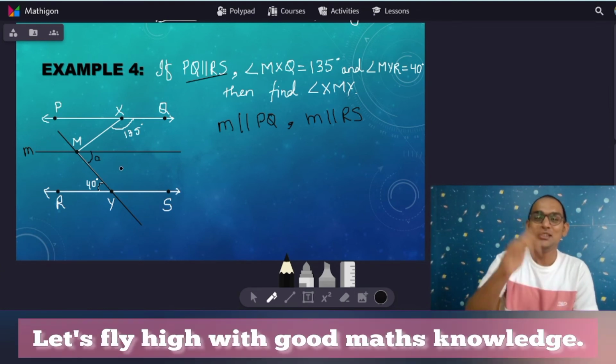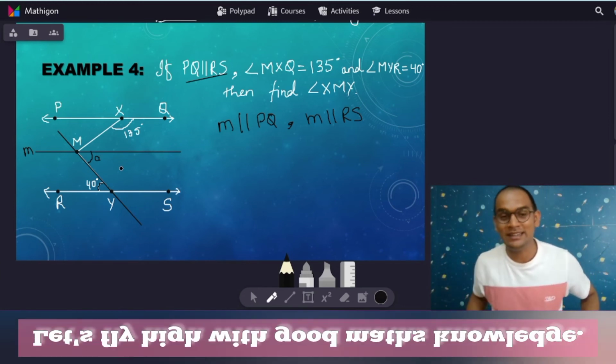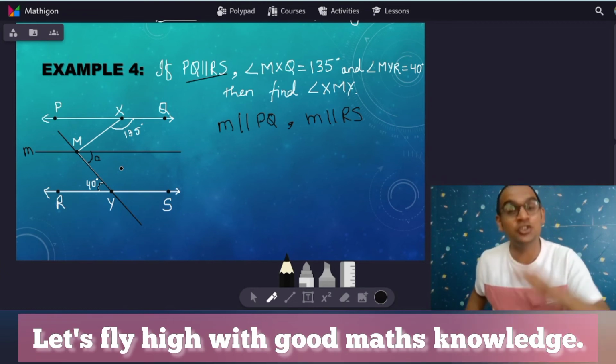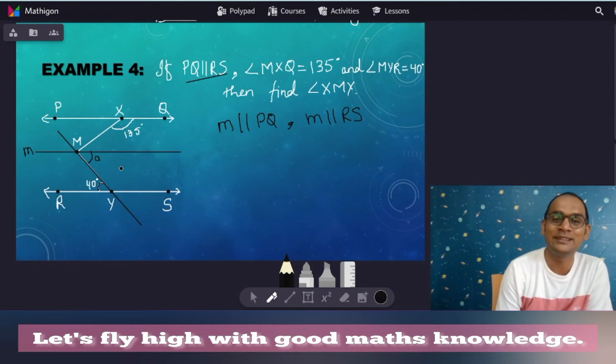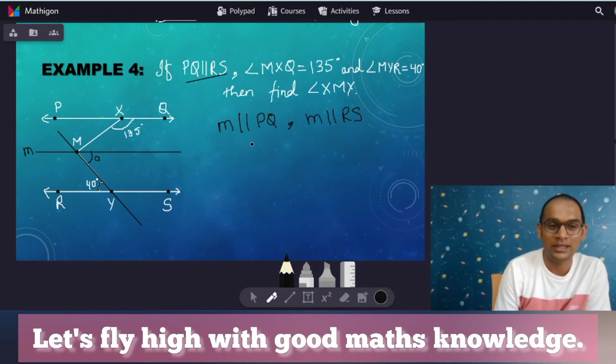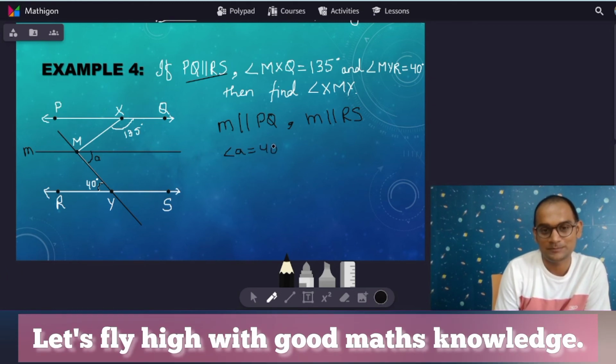Absolutely, you are correct. They are alternate interior angles, and by the theorem of alternate interior angles, alternate interior angles of two parallel lines with a transversal are obviously equal. So angle A equals 40 degrees.